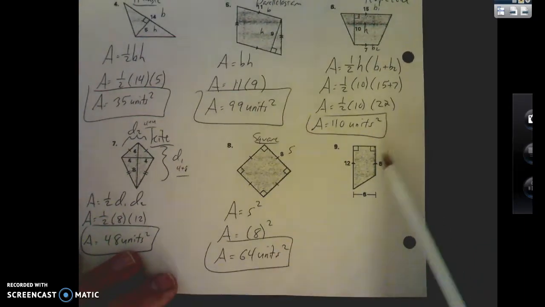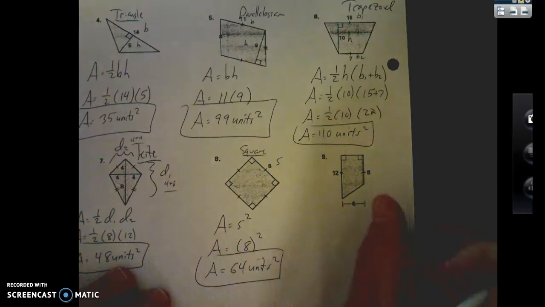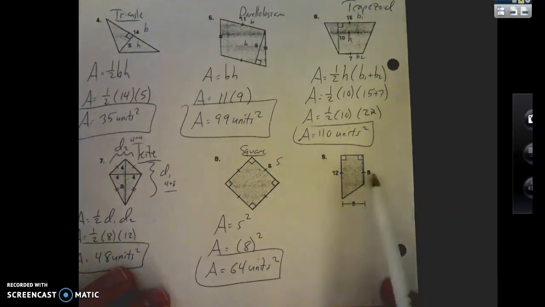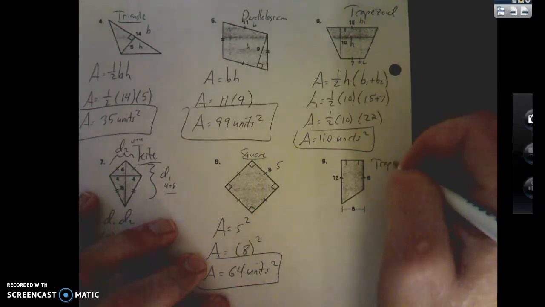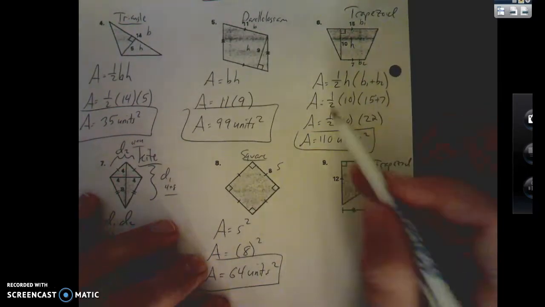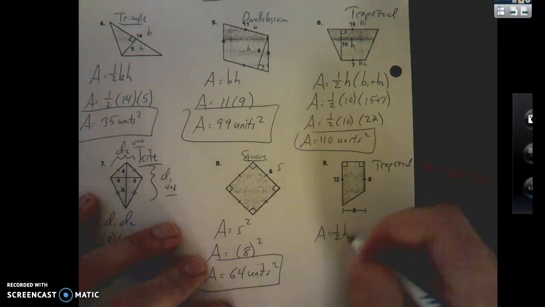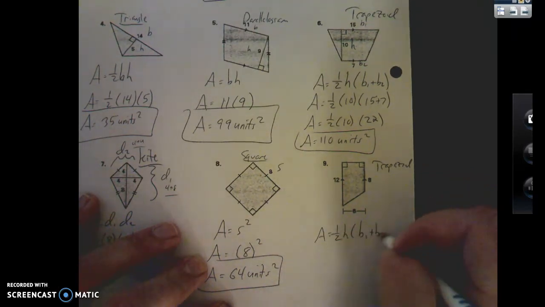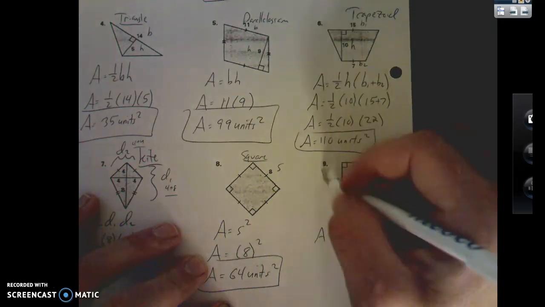Alright, my last shape here. Now I know this is kind of goofy looking, but it's basically the same shape as number 6, but it's just turned on its side. So this, because I have one pair of sides parallel, is another trapezoid. Okay, here's my formula. Area equals 1/2 height, base 1 plus base 2. Again, the parallel sides are my bases.